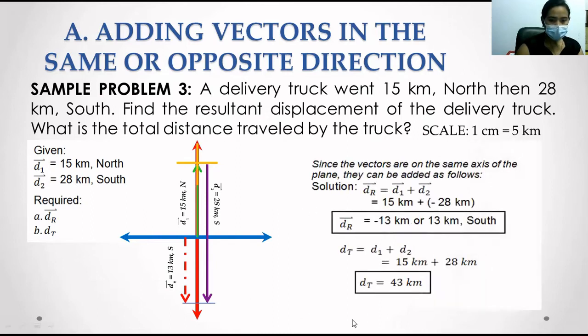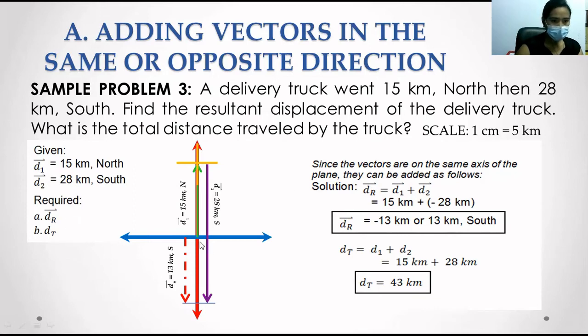So here are the processes to be used in solving for our required quantities. For letter A, resultant displacement. Since the vectors are on the same axis of the plane, they can be added as follows. Resultant displacement equals the magnitude of our first displacement plus the magnitude of our second displacement.